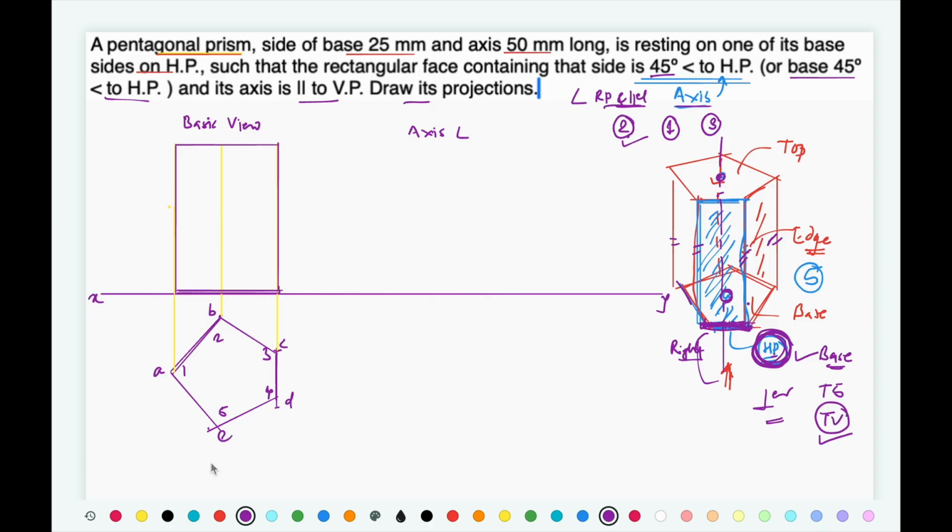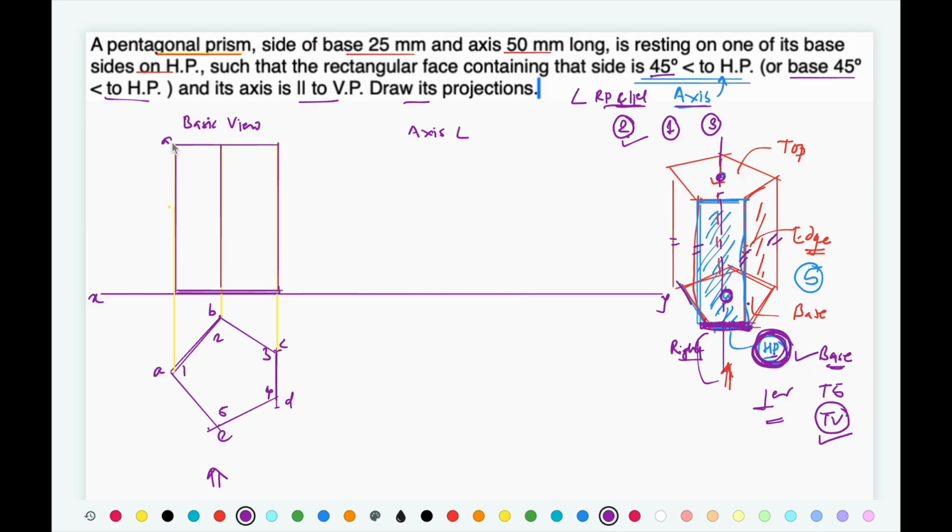Now when you look at this solid in this direction, this edge will appear over here. There is another edge, this B2 at the back end, but that is going to be overlapped with the E5 which is visible one. So we are going to give precedence to the visible line only.